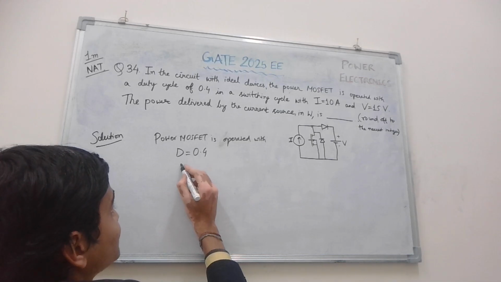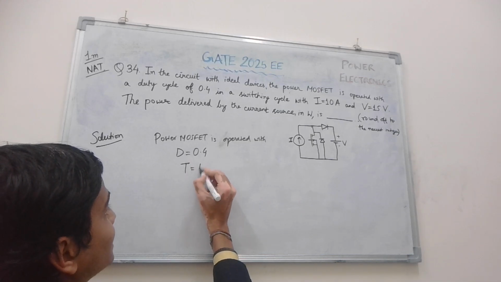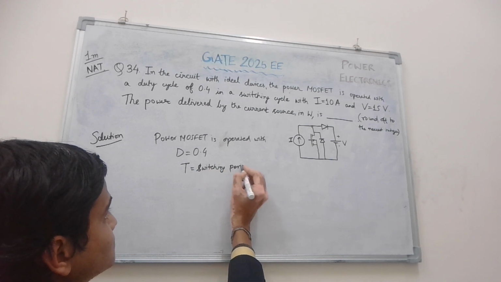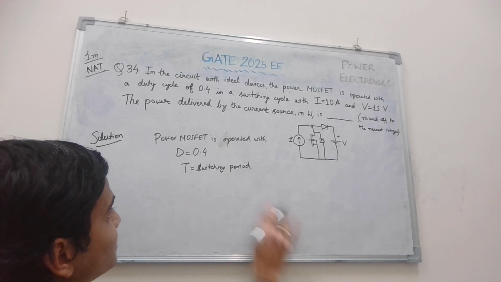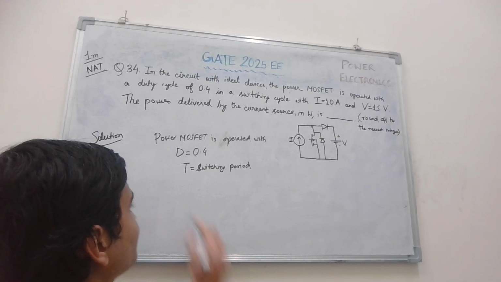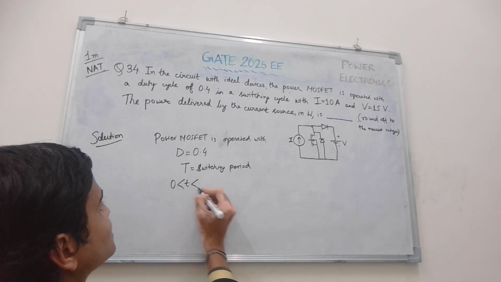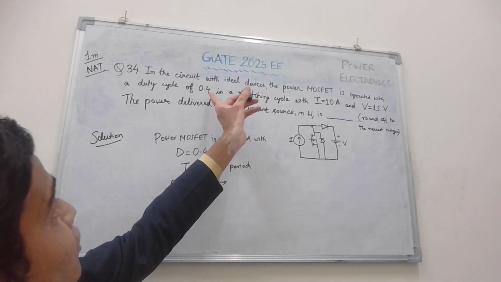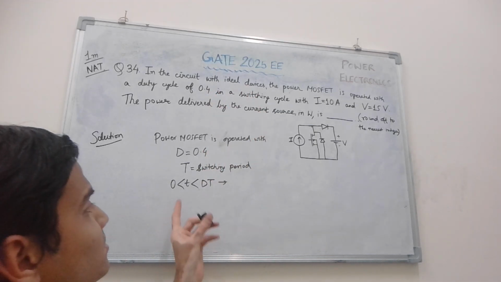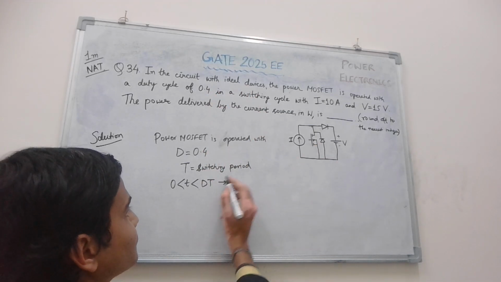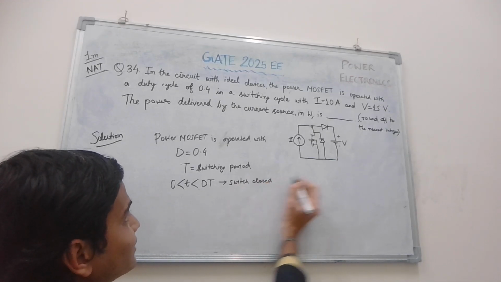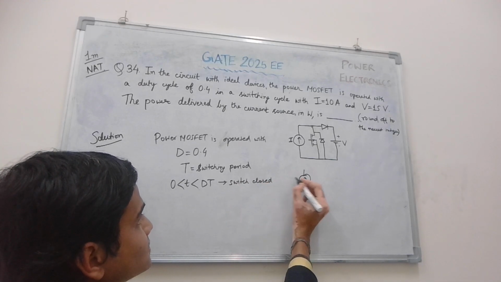So in a switching cycle, let the time period be T. For 0 to DT, the 0.4 duty cycle, during this time the switch will be closed. So the effective circuit becomes like what?